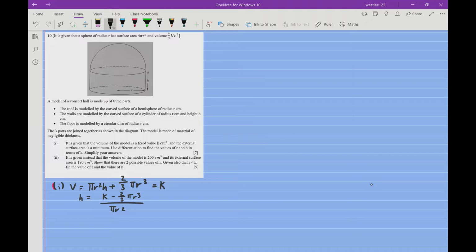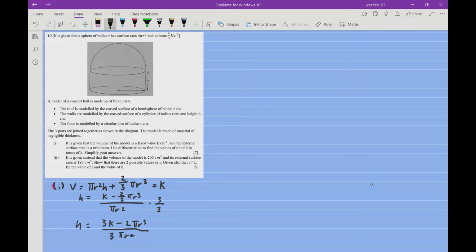We do not like to have a fraction in a fraction. So what we can do is multiply 3 to the numerator and 3 to the denominator to get rid of the fraction in a fraction situation. Okay. So this is something that we will be using later. All right, H.